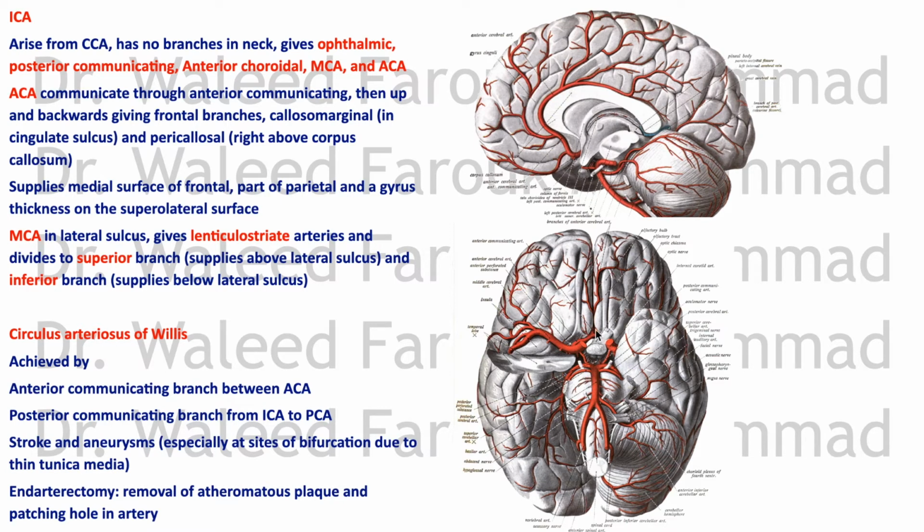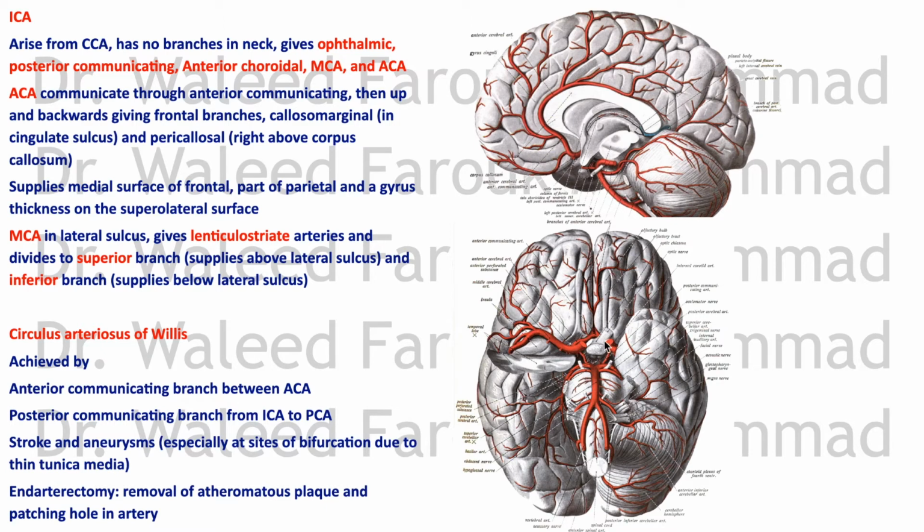Now notice that we mentioned the anterior cerebral, the internal carotid, posterior communicating, anterior communicating, and posterior cerebral. We did not mention the middle cerebral artery. So it's not part of the circle of Willis, okay? This is for the multiple choice questions.